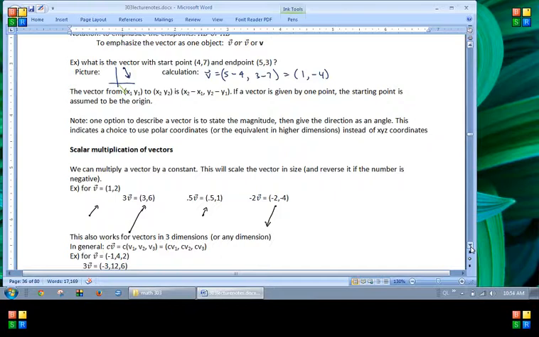And once again, however long it is in space, it simply triples. But it's still heading in the same direction. That's important to note, that when you multiply a vector by a constant, it's still in the same direction. It's just longer or shorter. It might be headed forwards or backwards, but it's still on the same line in a sense.